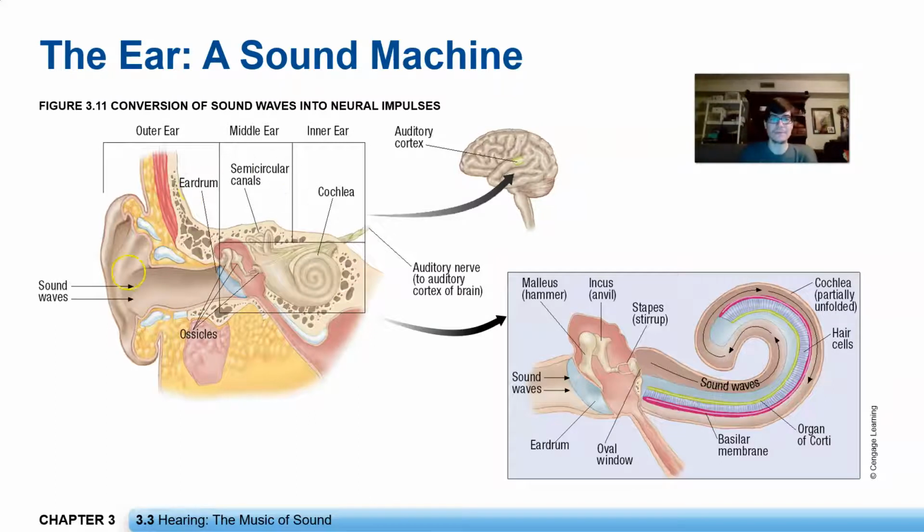So then it makes it to the inner ear, which has what's known as the cochlea, which is a type of shell, because it looks like a shell. There are all these teeny little hair cells that line the inside of the cochlea. And so those sound waves, now that they're very fine-tuned, affect those hair cells. The hair cells are the important bit. They're the sensory receptors.